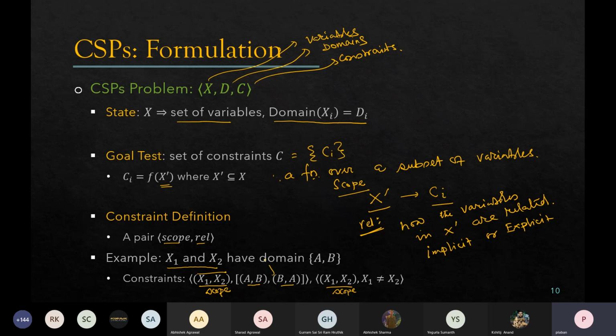So these kinds of constraints are called implicit constraints, sorry, explicit constraints. So these are explicit constraints and these are implicit constraints, right?